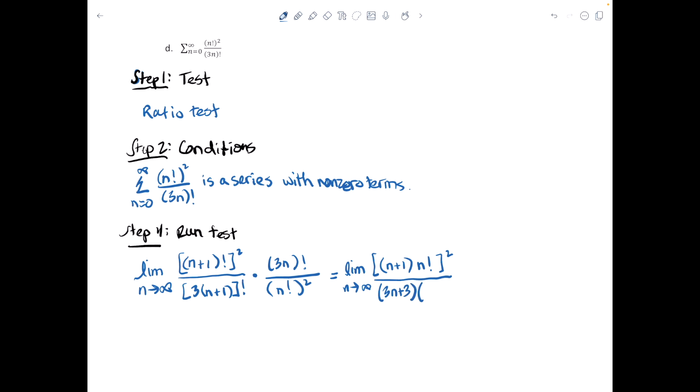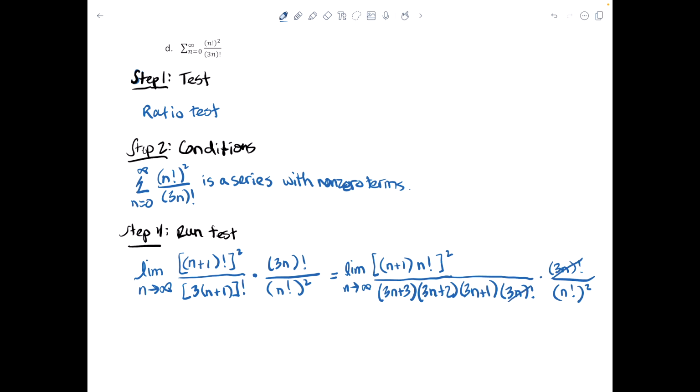So I'm going to get this to where it's 3n factorial. So we have a couple, like 3 terms ahead of it. 3n plus 3 times 3n plus 2 times 3n plus 1, and then times 3n quantity factorial, times 3n factorial over n factorial, the quantity squared.